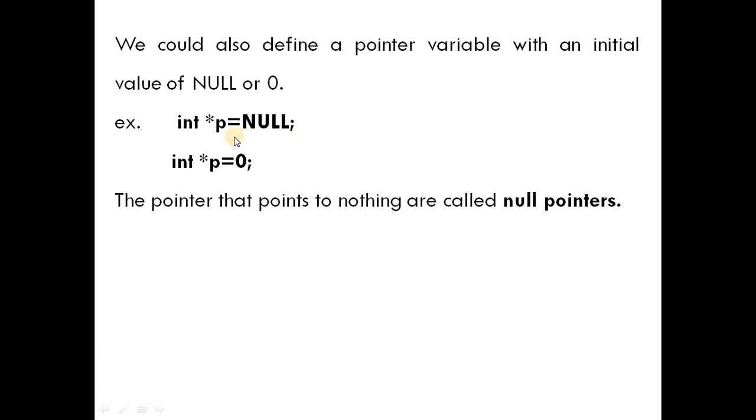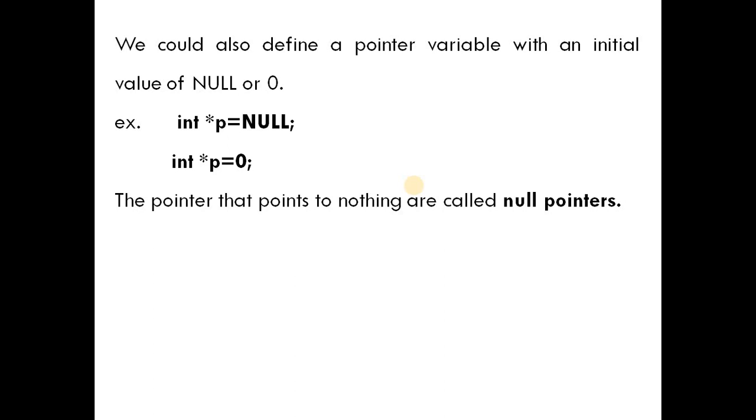Remember that when you are initializing it to NULL, you have to write NULL in capitals. So the pointer variable p is given the value NULL, which means it is pointing to nothing. This statement is similar to int *p = 0. Both these statements have the same meaning. The pointers that point to nothing are called null pointers.